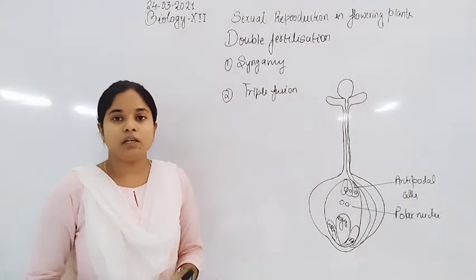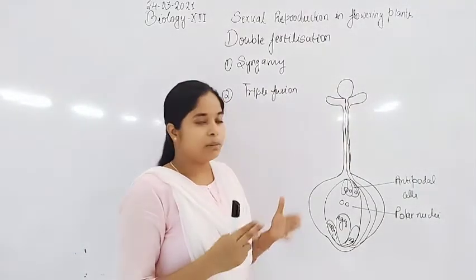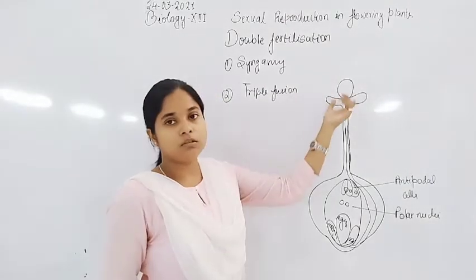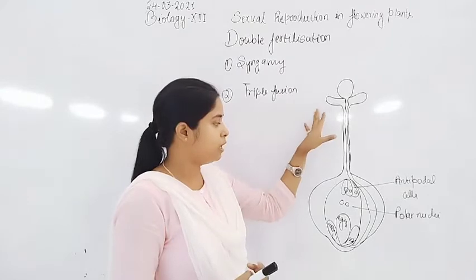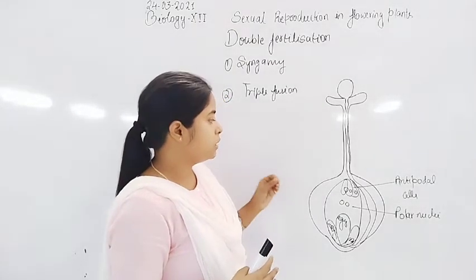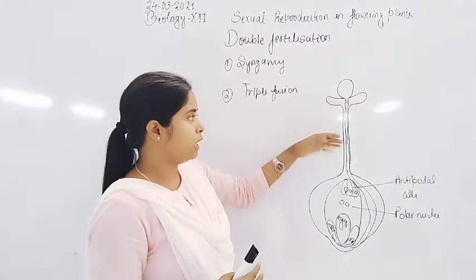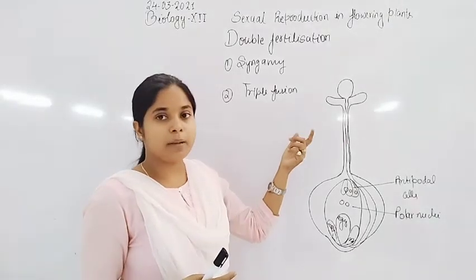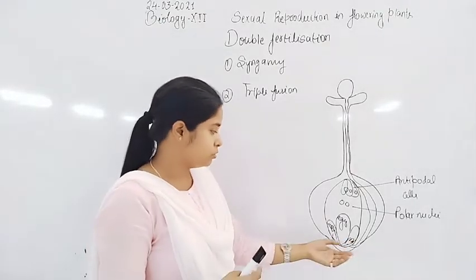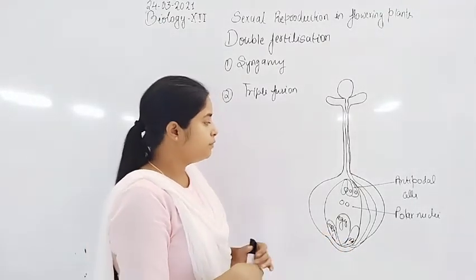With the help of this pollen tube, as we already know, in 40% of pollen grains both the two gametes form before reaching the stigma, and 60% of the pollen grains give rise to their pollen tube, and after that the two male gametes form inside the pollen tube in 60% of angiosperms.